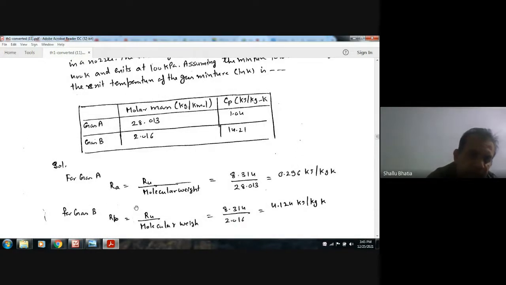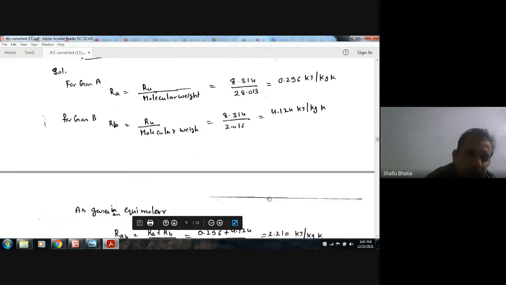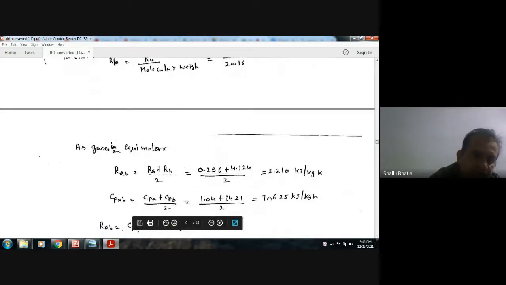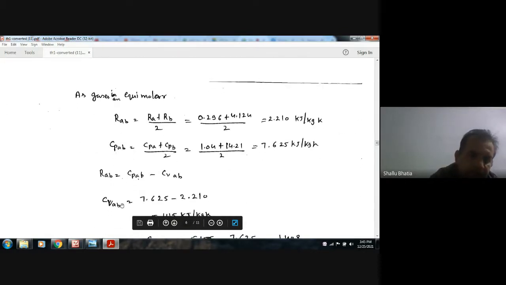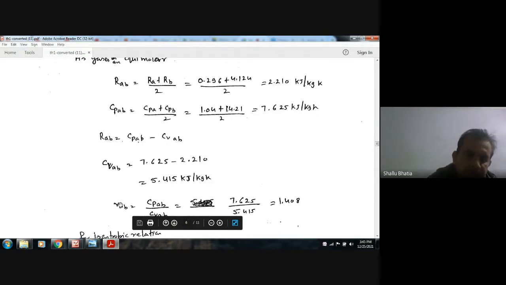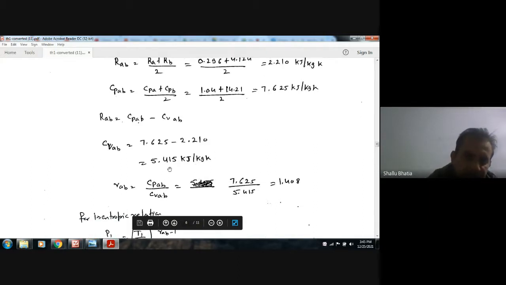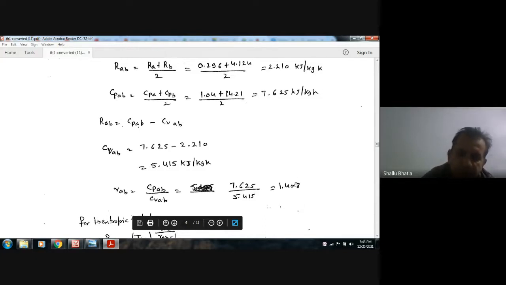We just have to get the average of these two. Ra plus Rb by 2 will be the R of the mixture, and Cpa plus Cpb by 2 will be the Cp of the mixture. Similarly, by using R equal to Cp minus Cv, we can calculate Cv. Once Cp and Cv are known, we can calculate gamma as Cp by Cv. This is for the mixture. So gamma is coming out as 1.408.